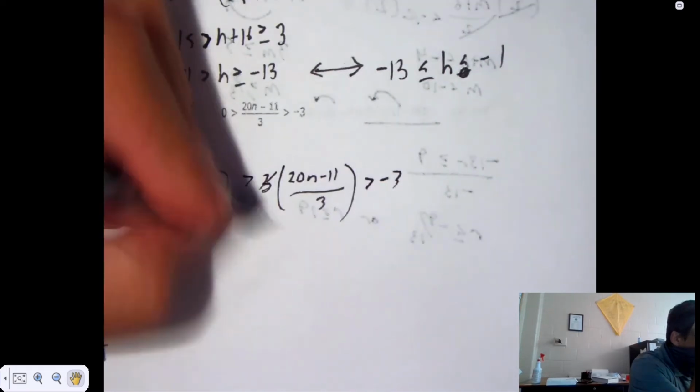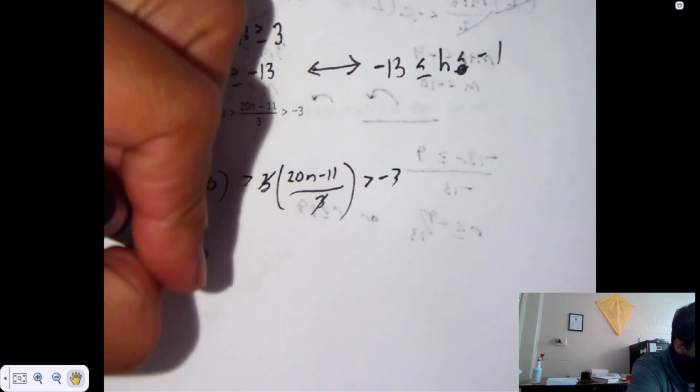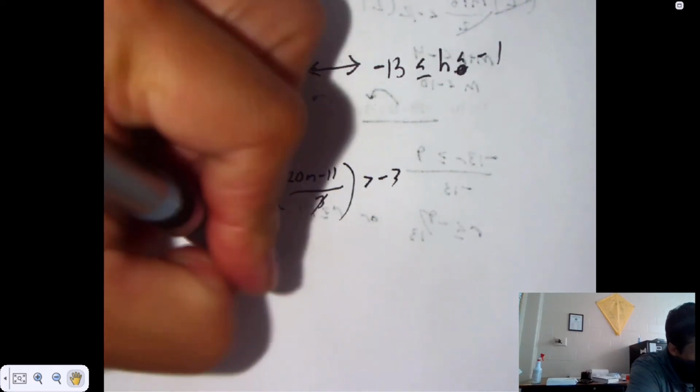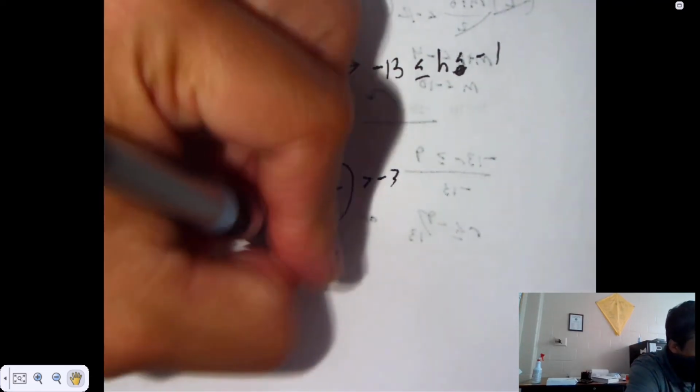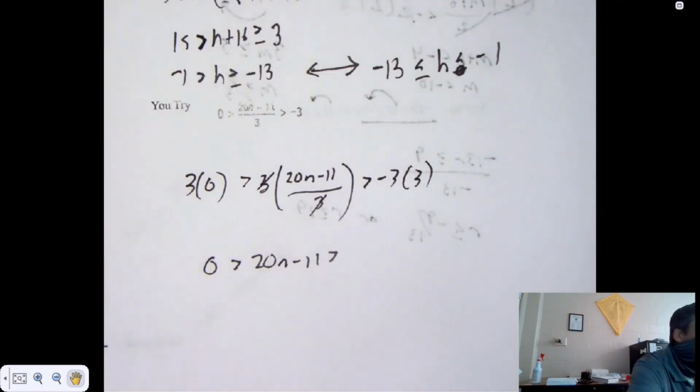And those 3's will cancel. There's one up high, there's one down low. 3 times 0 is still 0. Remember the 3's canceled on the interior. I forgot to multiply that -3. But when I multiply a -3 by 3, I get a -9.